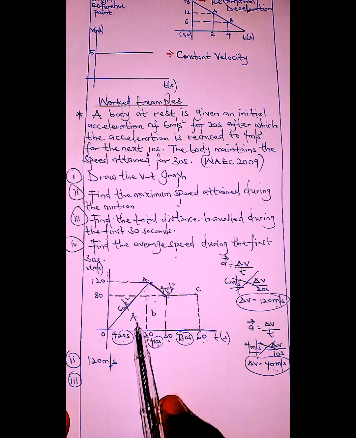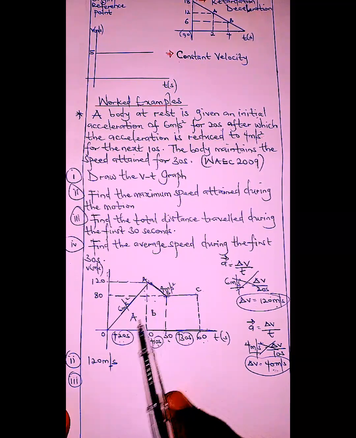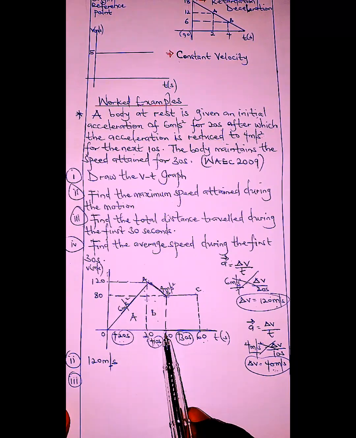So for us to get the total distance traveled by this body in the first 30 seconds, we have to get the area of shape A and the area of shape B. When we sum up everything, we end up with the total distance traveled for the first 30 seconds. So let's get that done right away.